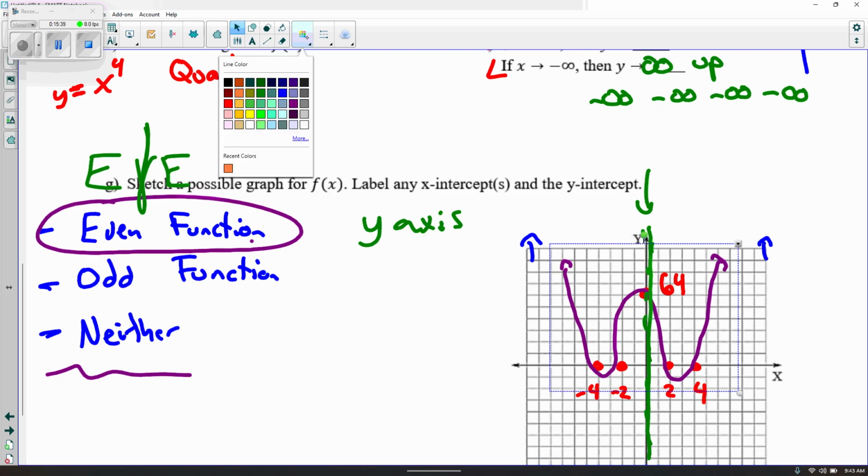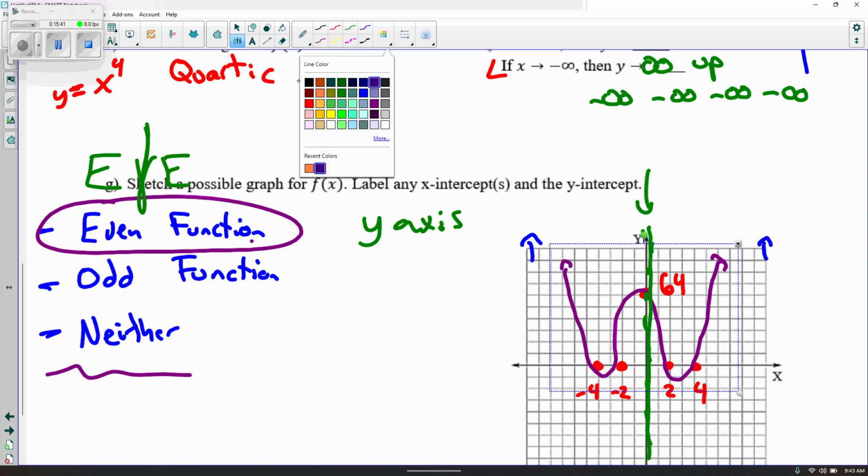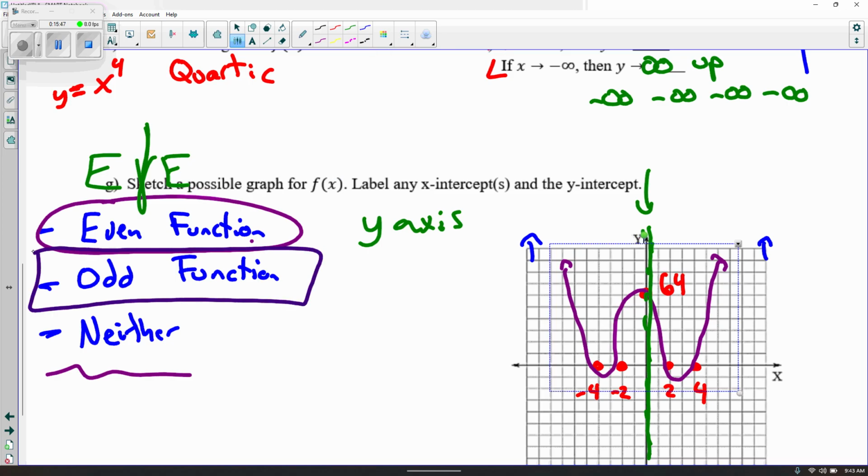Odd functions. How do you know something's odd? Watkins, you know how something is odd? If this one is y-axis symmetry, what's the other symmetry we learn? Origin symmetry or rotational symmetry?